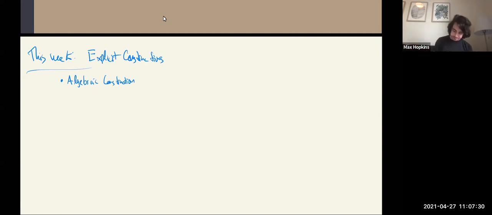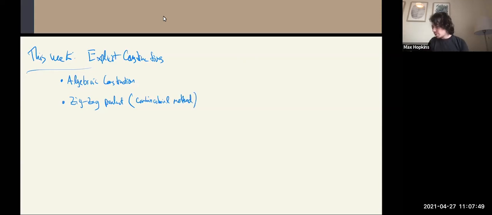Then Thursday, and maybe going into next week, Shahar will talk about the zigzag product, which is a combinatorial way to build expander families. We'll go through at least some of the analysis on both of these.